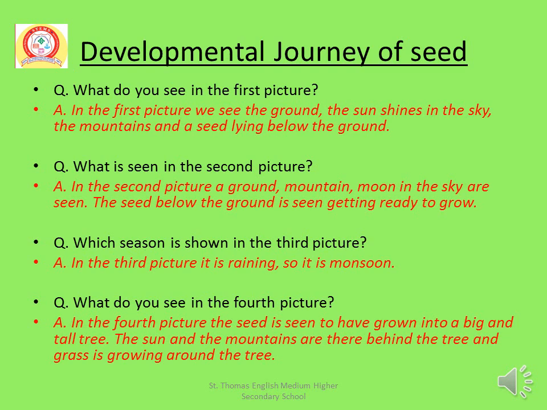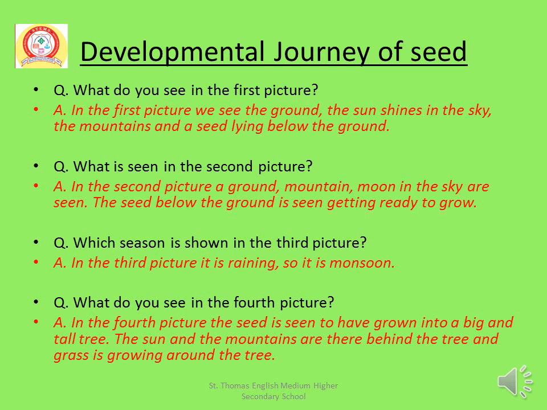Third question, which season is shown in the third picture? In the third picture, it is raining. That means it is rainy season. Fourth question, what do you see in the fourth picture? In the fourth picture, the seed has become big and tall tree.